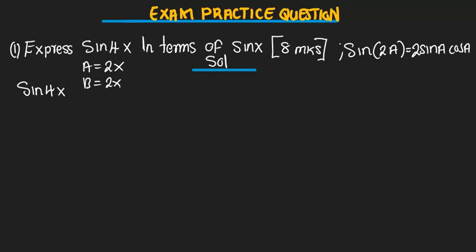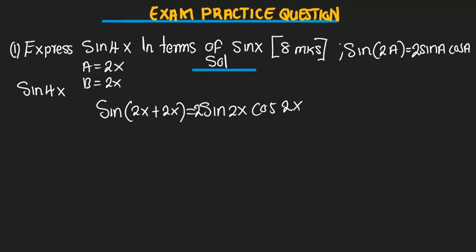So this time around, we are going to have sine(2x + 2x), and that is going to equal, from the same formula, this time around we just go direct, 2 sine 2x multiplied by cosine 2x. We know this is the identity I have used, right?